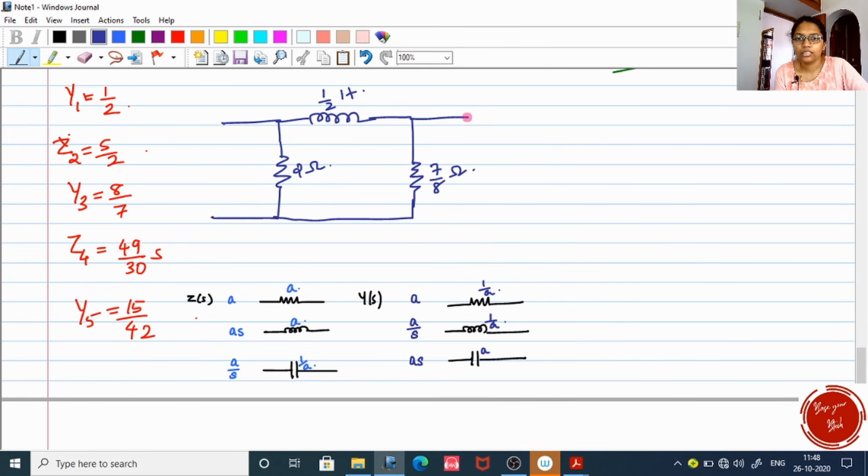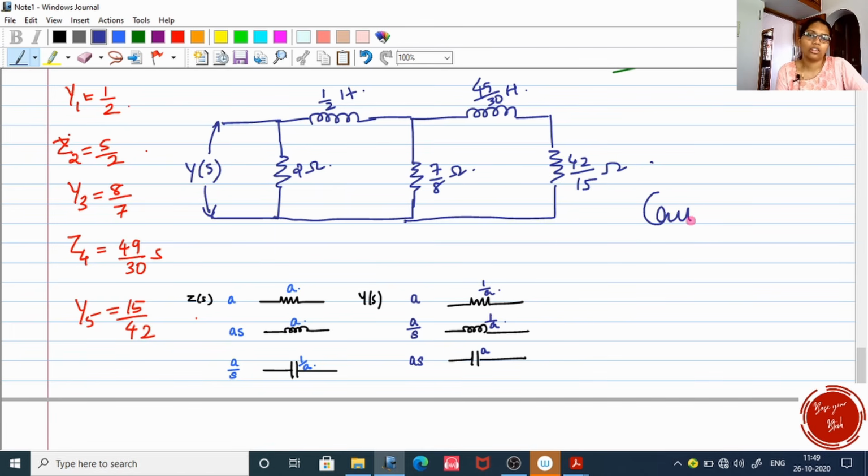Again impedance, that is 49 by 30 Henry. Last is just a simple number, so a resistor with the reciprocal, 42 by 15 ohms. So here comes your Cauer 1, y of s, Cauer 1.